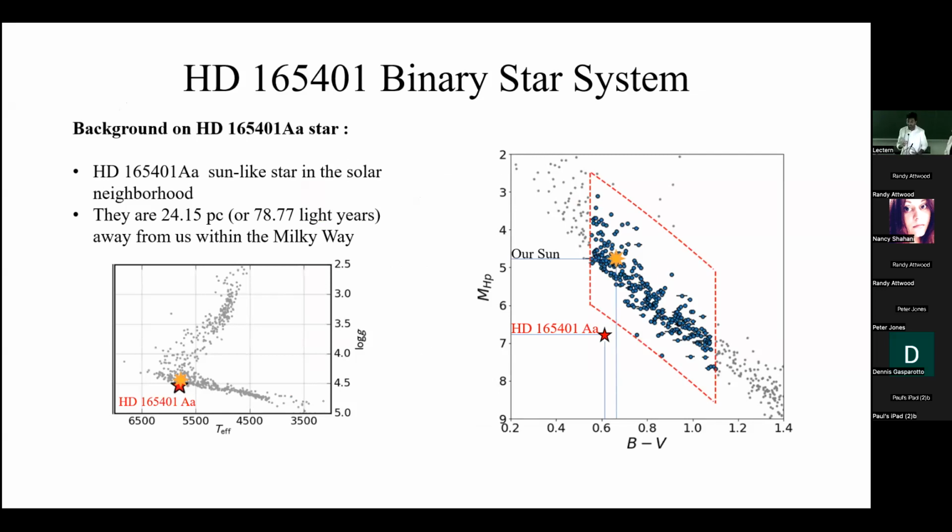So it contains a primary star. We denote it as HD 165401AA. It is a sun-like star within the solar neighborhood, and it is about 24 parsecs away. For context, that's like 79 light years away. Looking at these two graphs, the one on your right is an HR diagram. At the bottom is the B minus V scale.